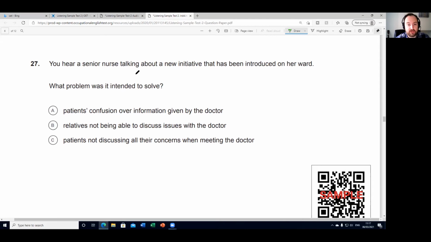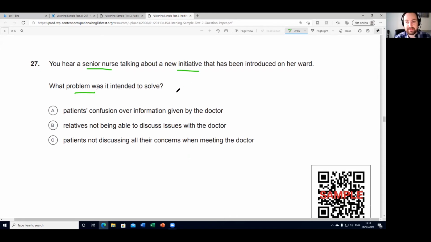So who's talking in this one? A senior nurse. So we know this one is in fact a monologue. We need to prepare ourselves for that as well. Everything we can do to think about how the recording is going to be before we start listening is going to help. And the purpose is about the new initiative and the problem that it was going to solve.